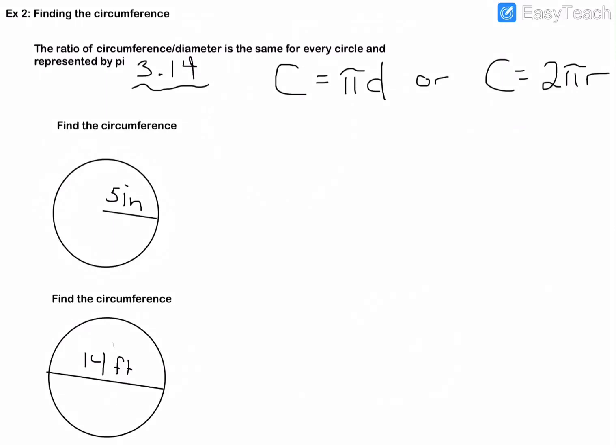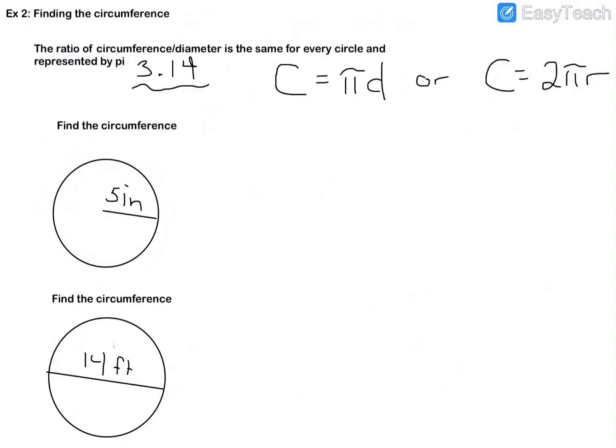So you're given two different choices when you're finding the circumference of a circle. If your circle is giving you the diameter, then I would use the pi times diameter formula. If the circle in your problem is giving you the radius, then I would use the 2 times pi times r formula. They're the exact same thing, because we know that 2 times r is the same thing as the diameter, and then you're multiplying that by pi.